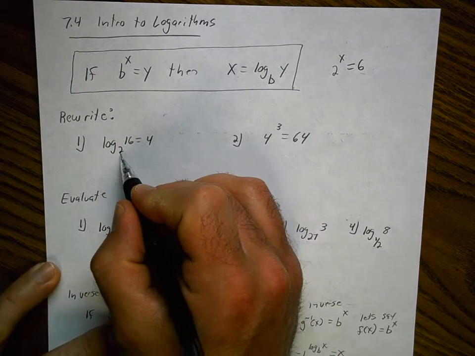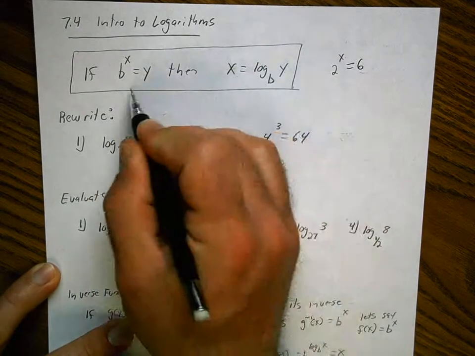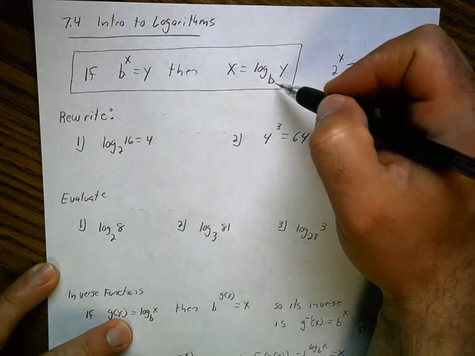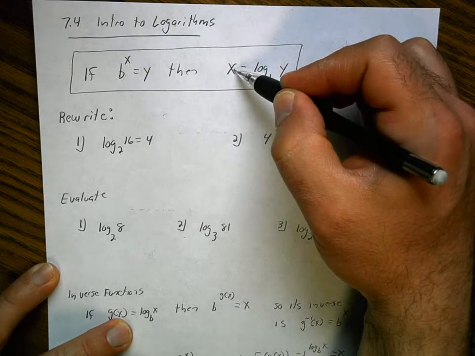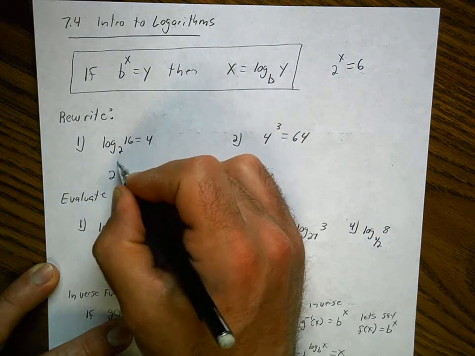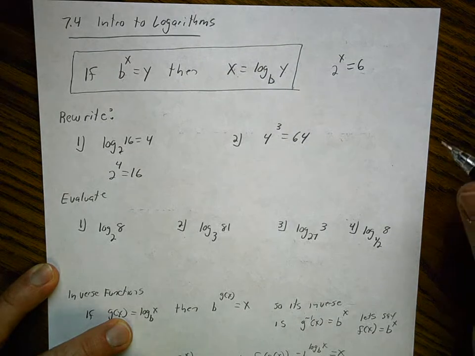So this first one, if I want to rewrite this from a logarithm to an exponent, because these are equivalent, then I would look, and the base stays the same in both. X is my exponent, so this would be 2 to the 4 equals 16. That's how I'd write that one.